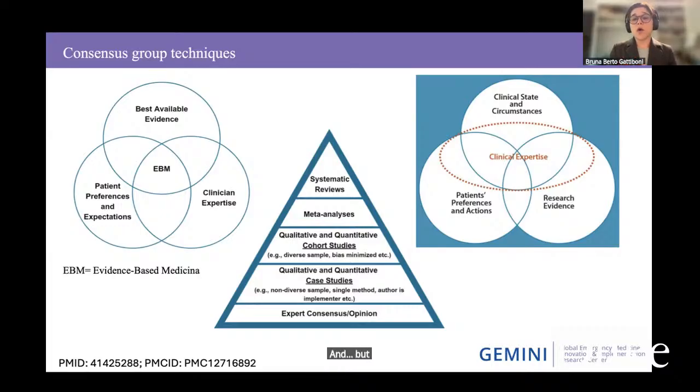Now, in this paper, trying to conceptualize the evidence pyramid for clinical practice, they put clinical expertise as something that can summarize all this evidence in a good form to give the best management for our patients.